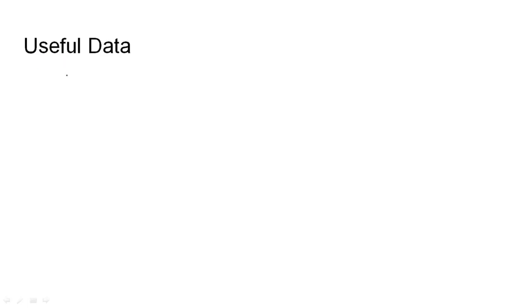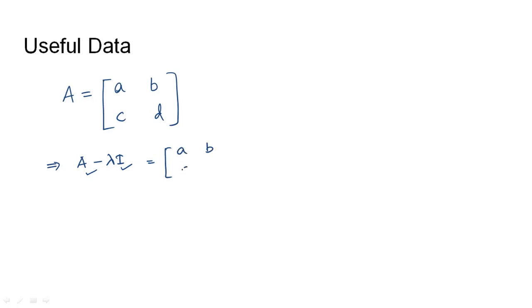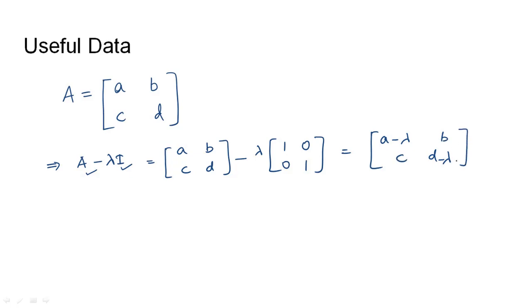Coming to the useful data for this question, if we are given a matrix A whose elements are, let us say, a, b, c and d, and we want to find the eigenvalues, we should find A minus lambda I, where I should be of the same order as A. This gives the matrix [a-lambda, b; c, d-lambda].